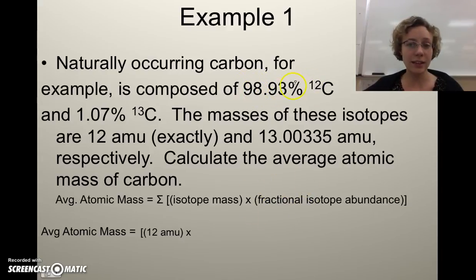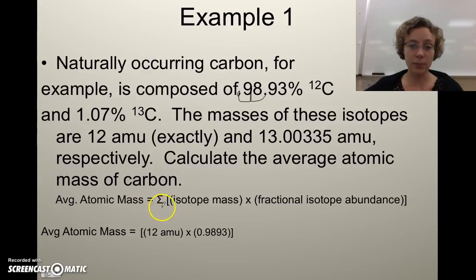So in order to get this into a fraction, we're going to move our decimal 2 places to the left, and we get 0.9893. That's how we're going to write our abundance. So here's the carbon-12 isotope mass, and here's the carbon-12 isotope abundance. That is our first isotope.